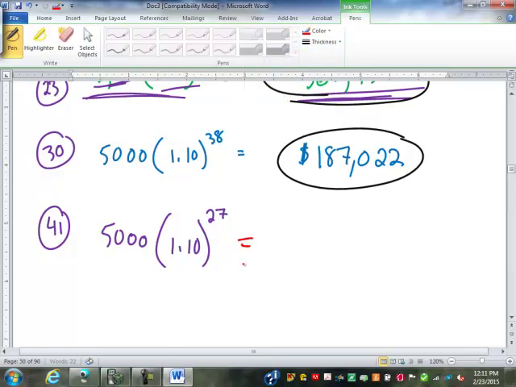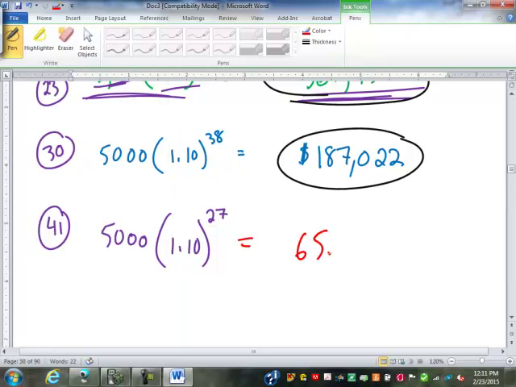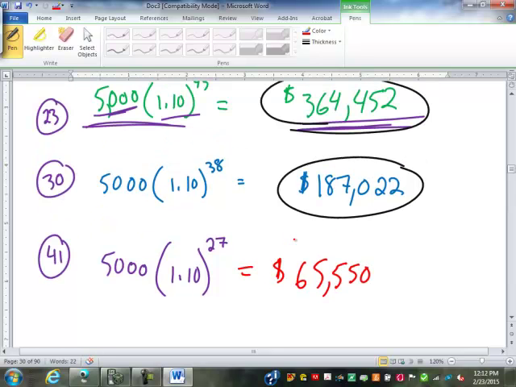So let's see what I come up with. 5,000 times 1.10 to the power of 27. 65,550 basically. You can see there, I end up with about 1/6 of what you would have if you started at 23.